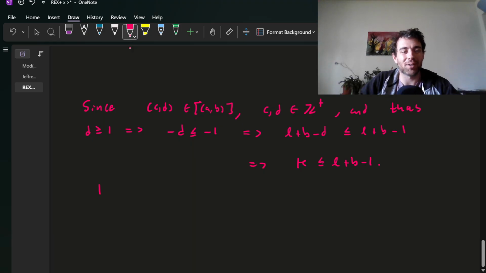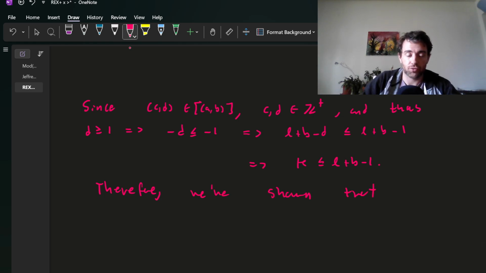So we might say something like, therefore, we've shown that, what have we shown? That K is between these two bounds, right?